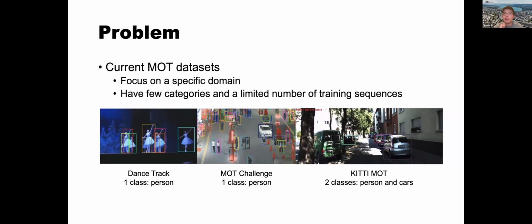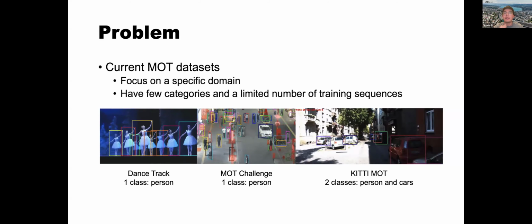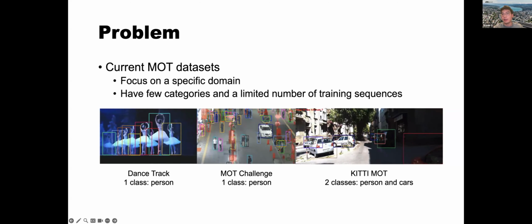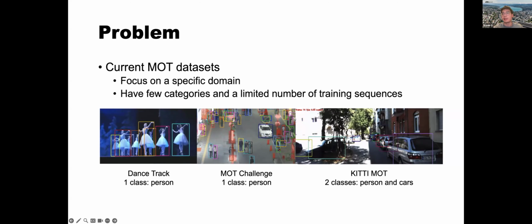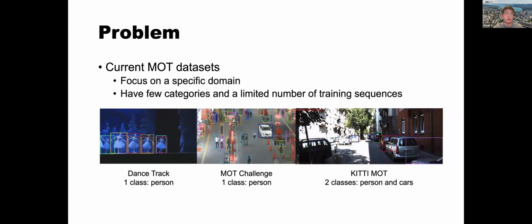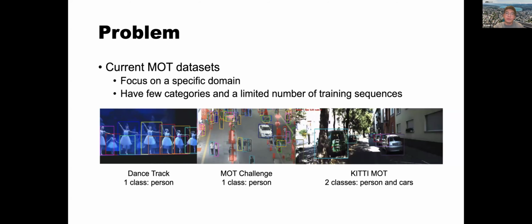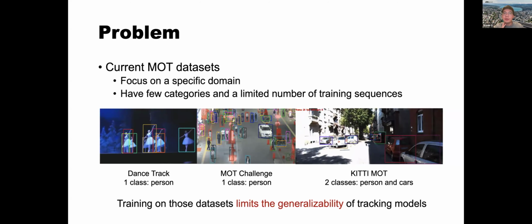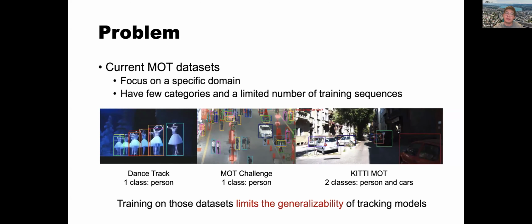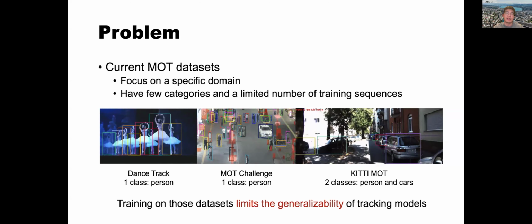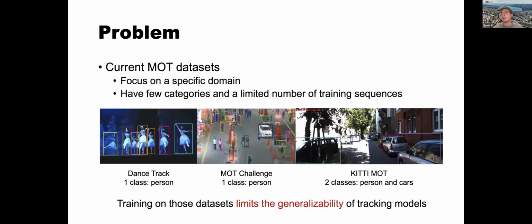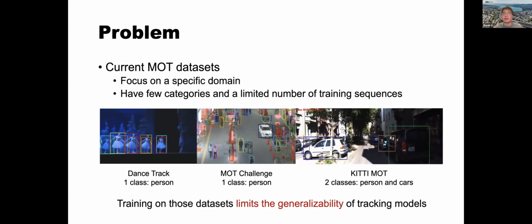Trackers only track people or cars in very representative MOT challenge datasets, for example just one class, which is tracking pedestrians, or KITTI or other autonomous driving datasets, just tracking pedestrians and cars. Training on those datasets with such a limited domain hurts the generalization ability of tracking methods. We cannot simply develop a model that enables us to track anything with such data.